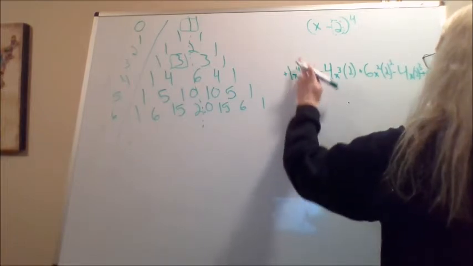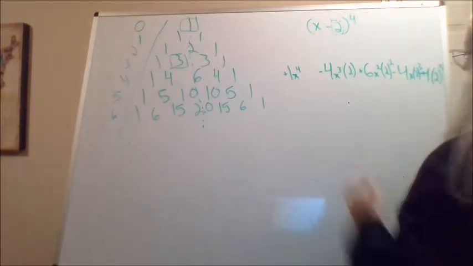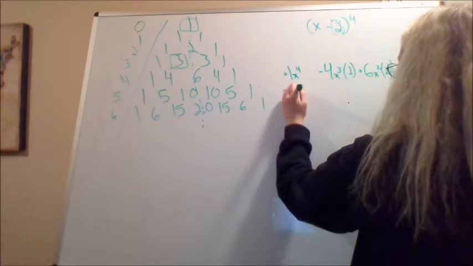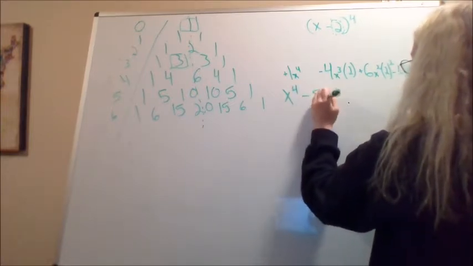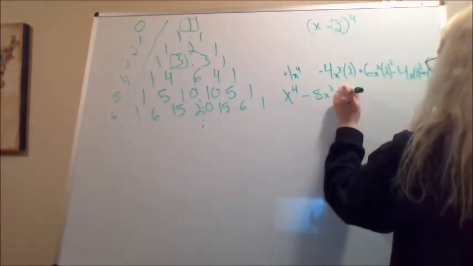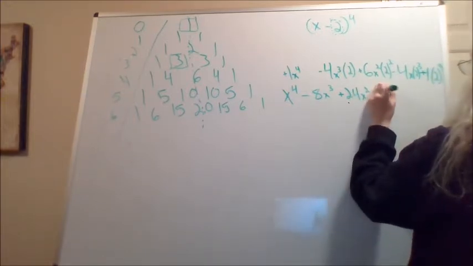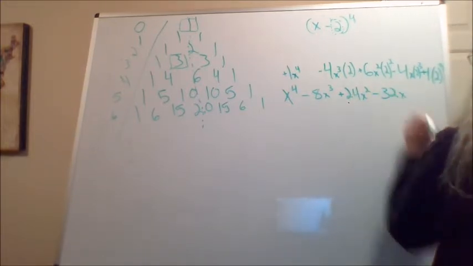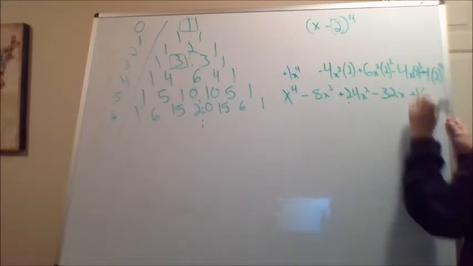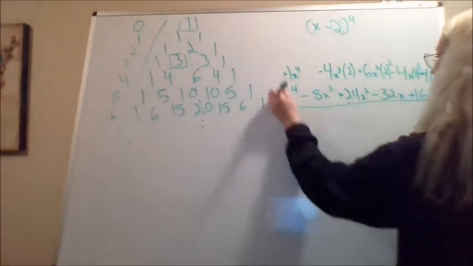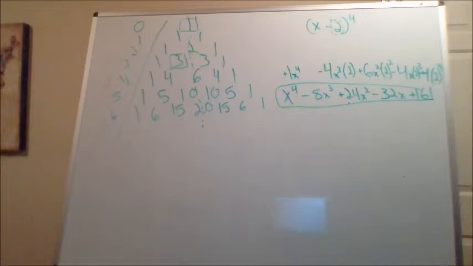If we simplify this out, we get x to the fourth minus 8x to the third plus 24x squared minus 32x plus 16.